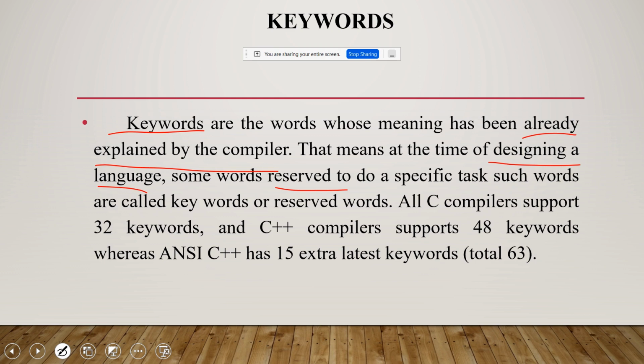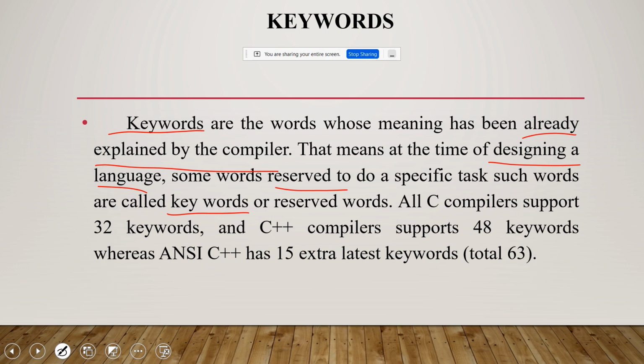The task is already defined, so that's why it is called a reserved word or keyword. Some words are reserved to do a specific task, and such words are called keywords.